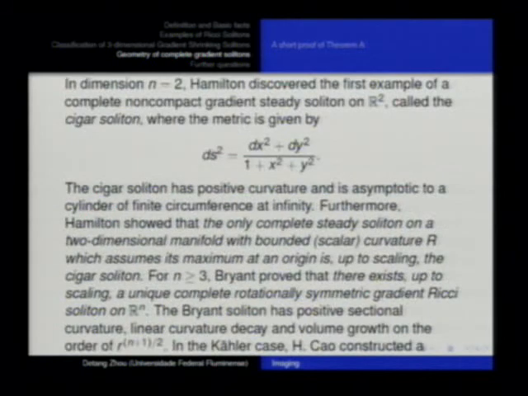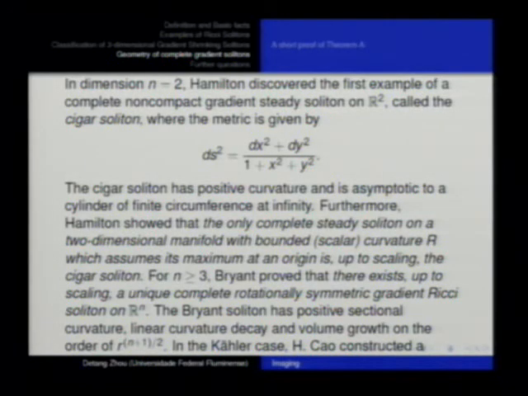Okay. So I would like to mention the recent result on steady solitons, with the classification done by Huaidong Cao and Qiang Chen.